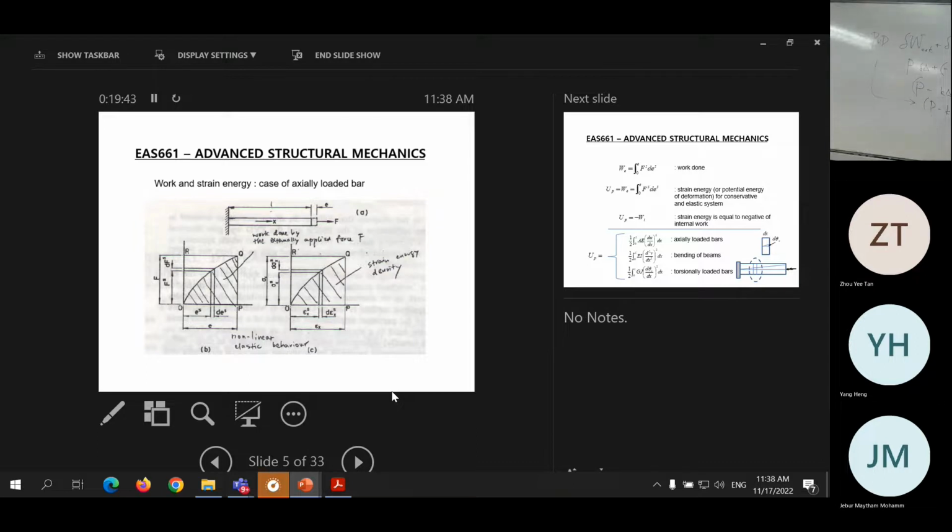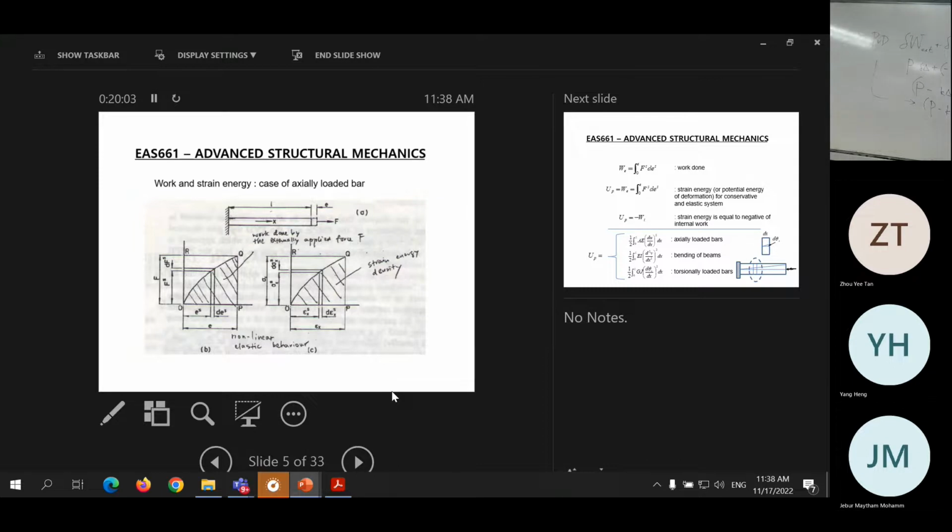Then same thing, if you have a force, then you divide it by the area, you get axial stress. So the axial stress also starts from zero. And if you have an elongation, you divide it by original length, then you get the strain. The strain also will slowly develop as the force is applied.